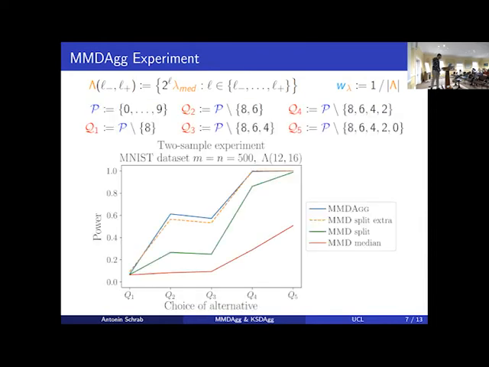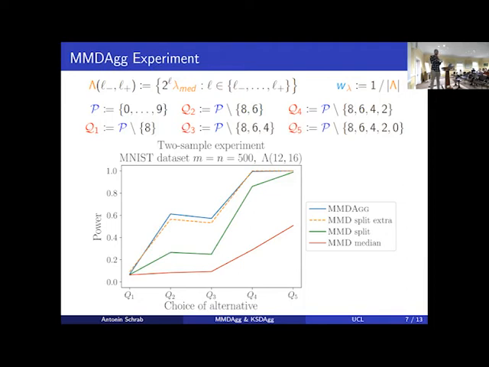And so I'll do the experiments. We run our experiments on MNIST, so lots of numbers. For P, we use all the digits from 0 to 9. And then for the alternative, we remove some even digits.